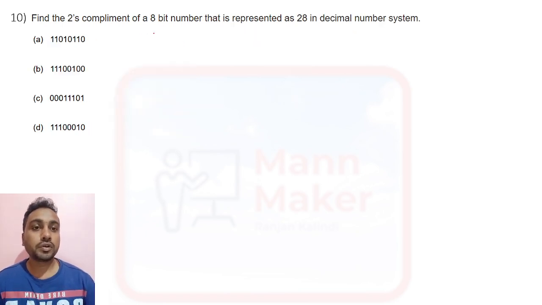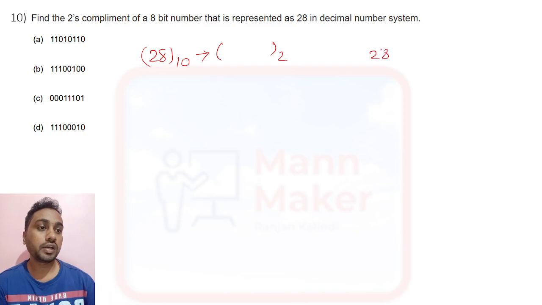Find the 2's complement of the 8-bit number that is represented by 28 in decimal. Okay, 28 is given as a decimal. So first we need to convert this into binary form. To convert any decimal number to binary form, we have to follow the division method. So divided by 2, it will come 14, no remainder, means 0.